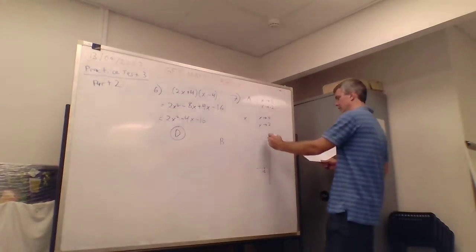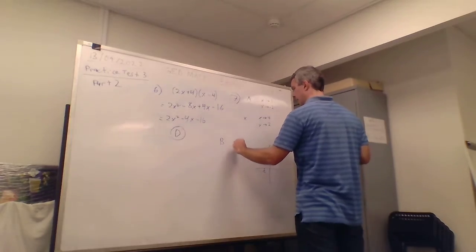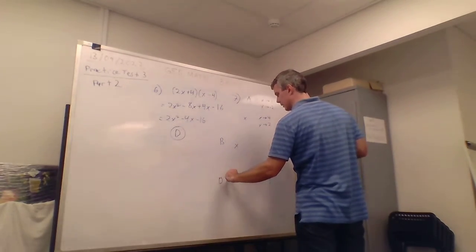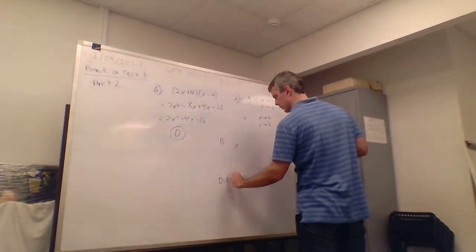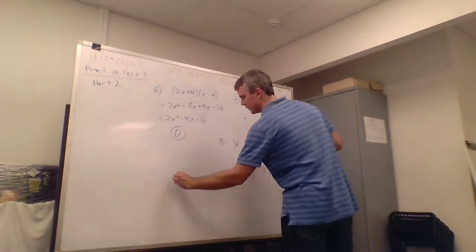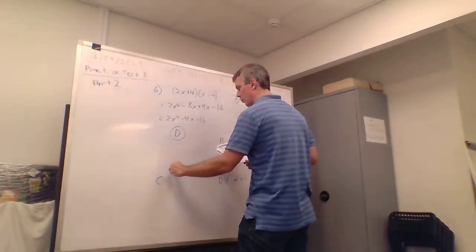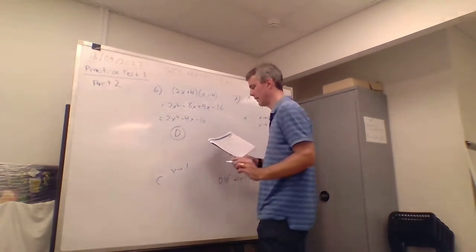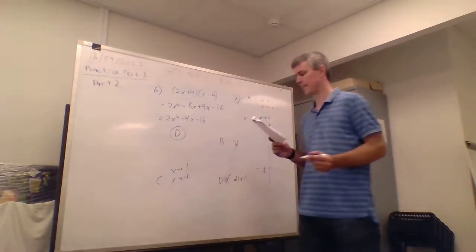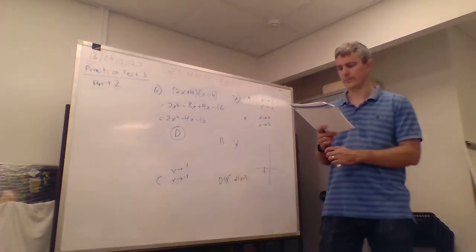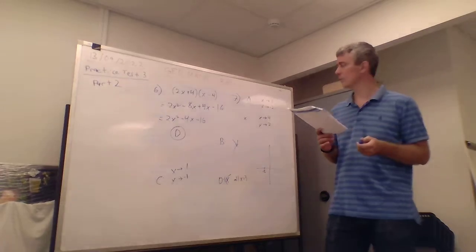So D is also like a vertical line. So not D. Let's try C. It goes from 1 to 2, goes up by 1, and y is minus 1. Oh, we have a problem here too. So maybe A is correct.